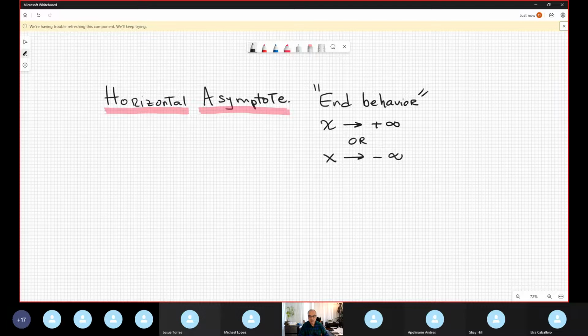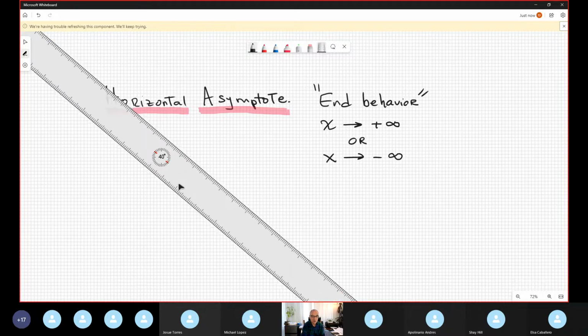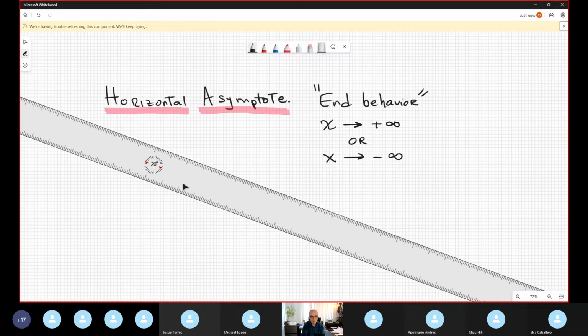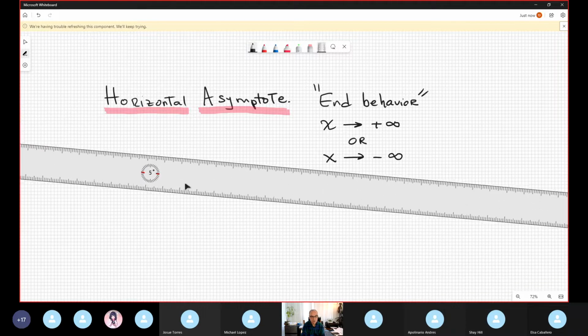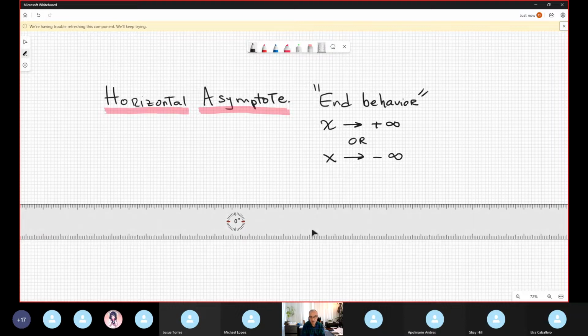So our journey is in both directions of the x-axis, to the right or to the left, but very far, infinity. So I want to study the end behavior.